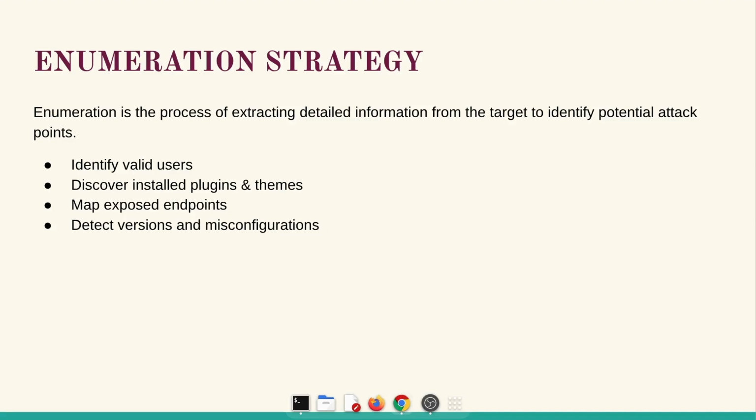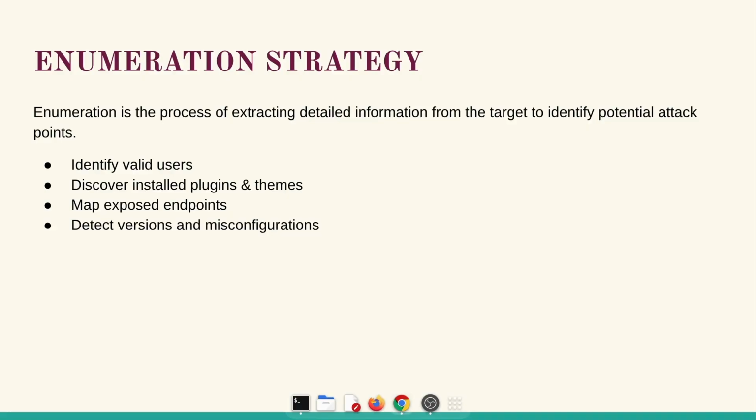Even vulnerabilities depend on information leakage. Most real world attacks succeed because a user is exposed, a plugin is outdated, or endpoints are visible. Enumeration reduces uncertainty. The less the uncertainty, the earlier the attacker gains access.